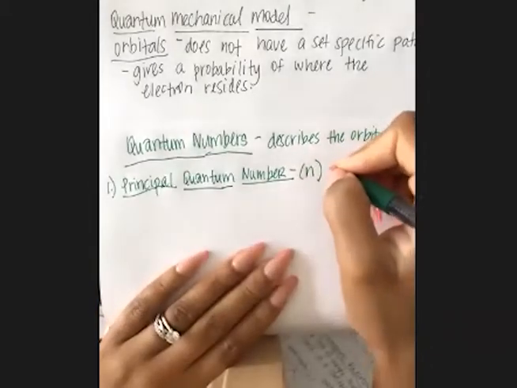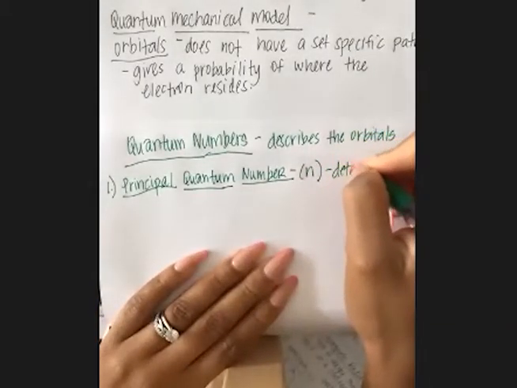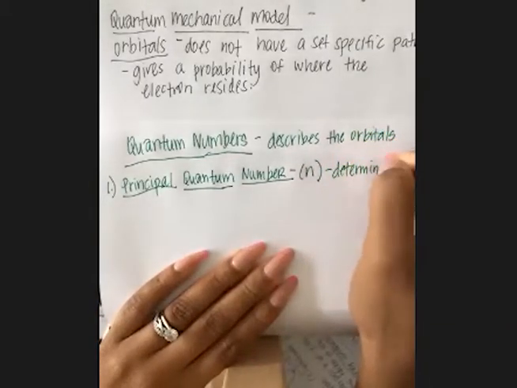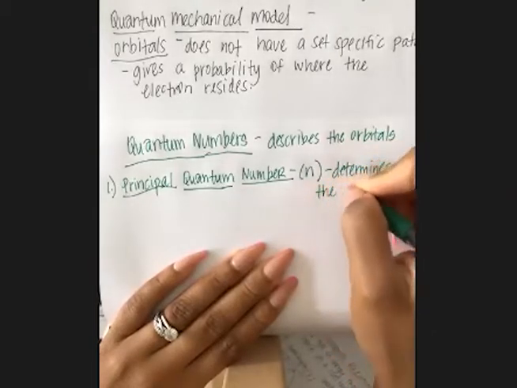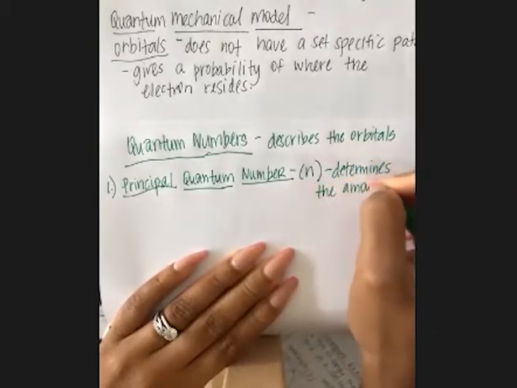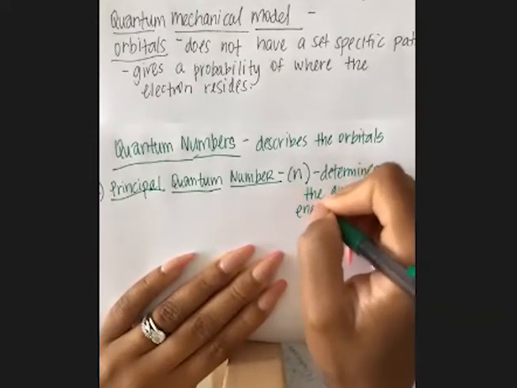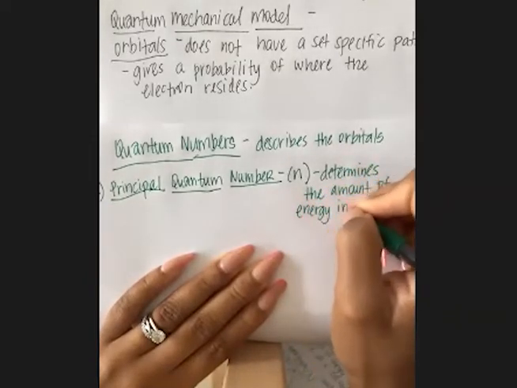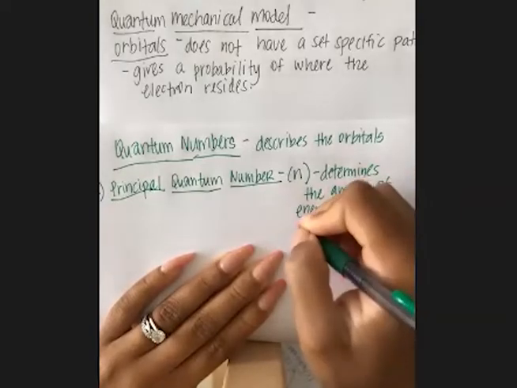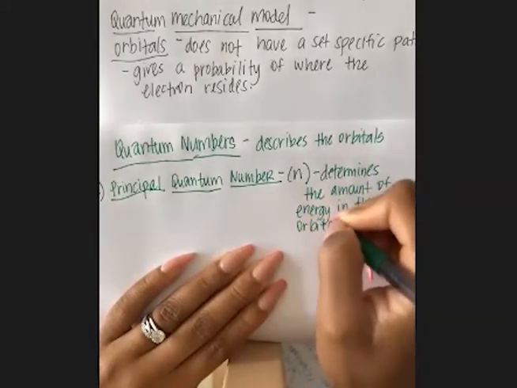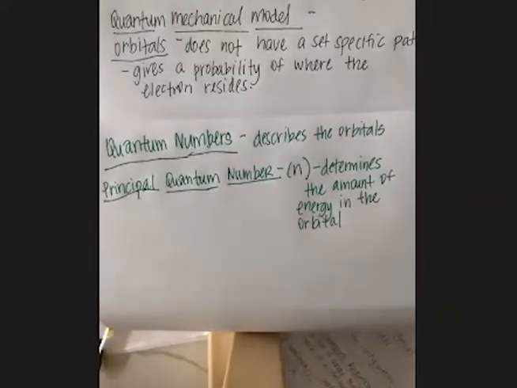And it basically determines the amount of energy in the orbital. Basically, it's like the size of the orbital, like how big the orbital is.